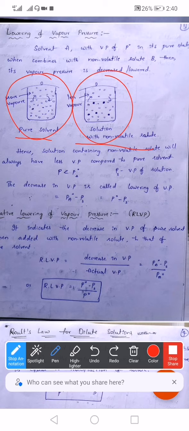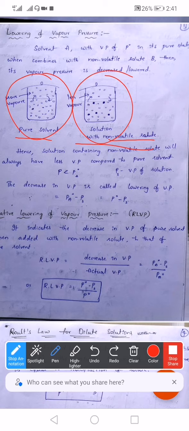You can observe that the pure solvent has more vapor in its vapor phase, whereas the solution with non-volatile solute, since non-volatile means unable to become a vapor phase, has these particles which have occupied the surface and cannot escape into the vapor state.